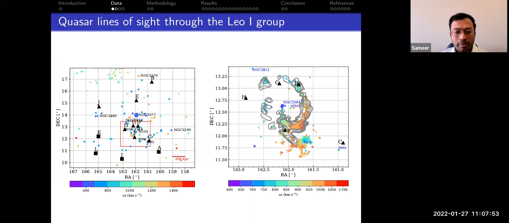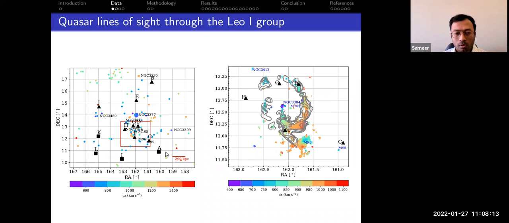An ideal test bed to investigate this would be something at very close redshifts. The Leo 1 group is at a redshift of 0.0025, or heliocentric velocities between 600 and 1300 kilometers per second.